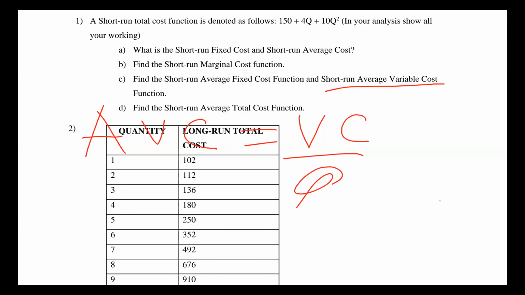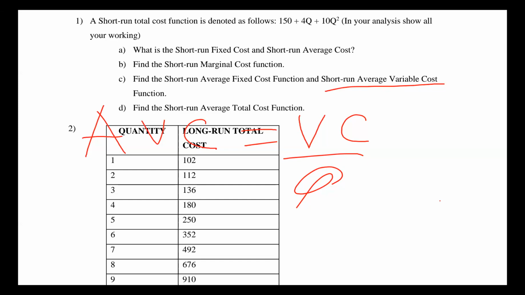In short, they are influenced or determined by the level of output. They are called the variable costs. Once you increase or reduce the level of output, they do indeed change.